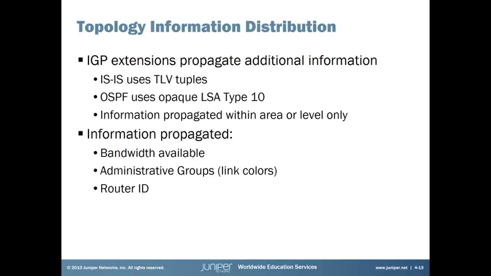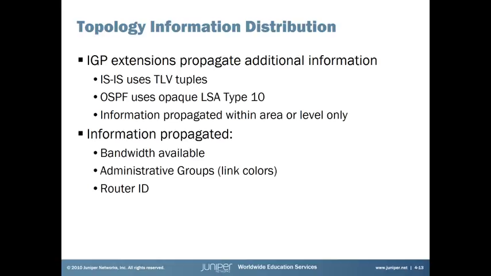So it's just a way of identifying links and paths within your topology. Maybe there's links that have a certain reliability factor. Maybe those links have an uptime of 99%, whereas other links have an uptime of only 90%.